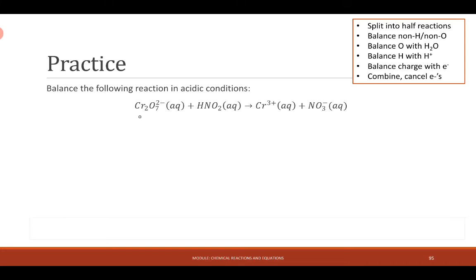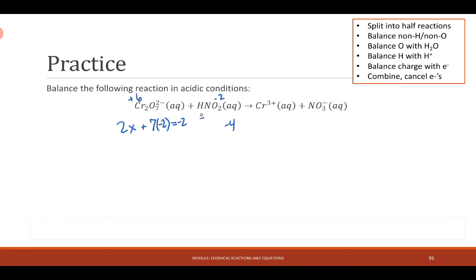Okay, let's try to balance this. This is dichromate, and we have 7 times minus 4 and 2 chromiums. The chromiums are going to be positive 6 each, and that's going to be minus 2. That's minus 4 each, or minus 4 overall.